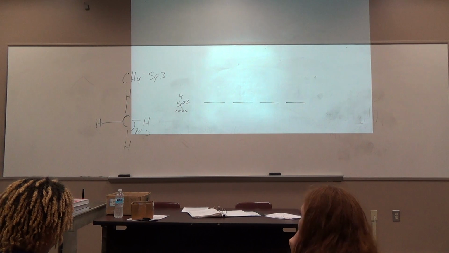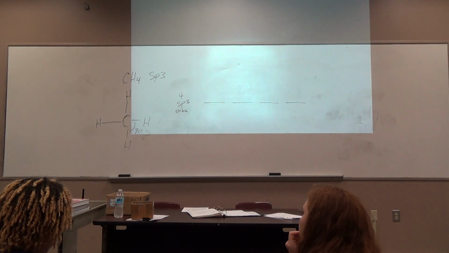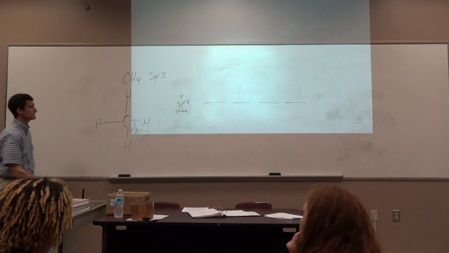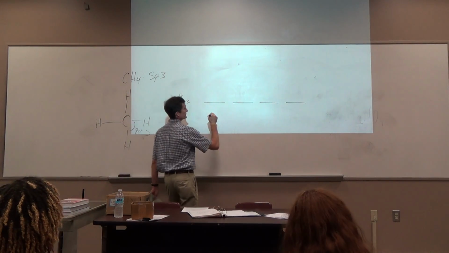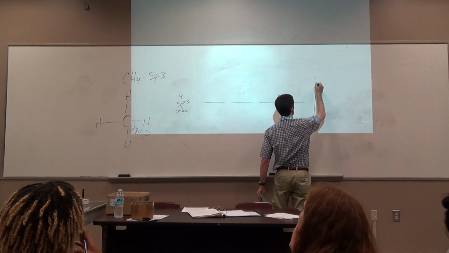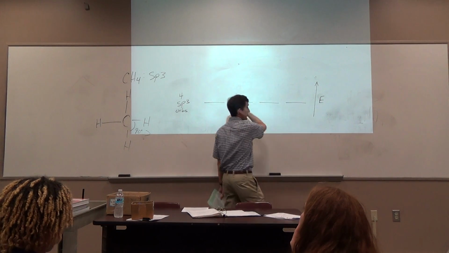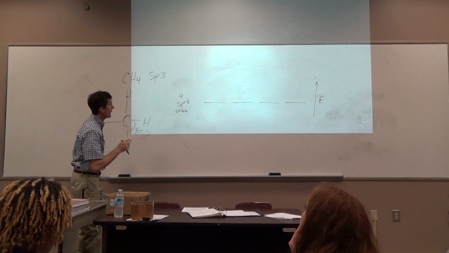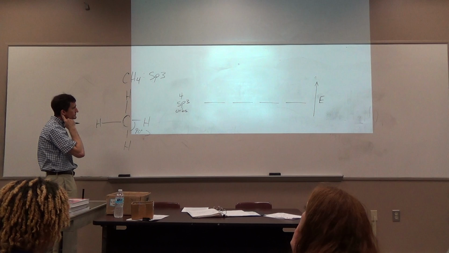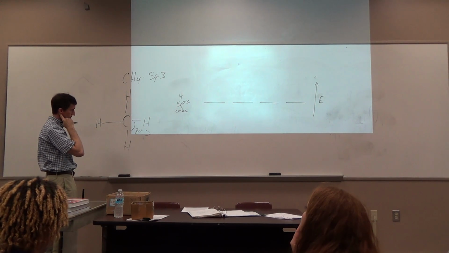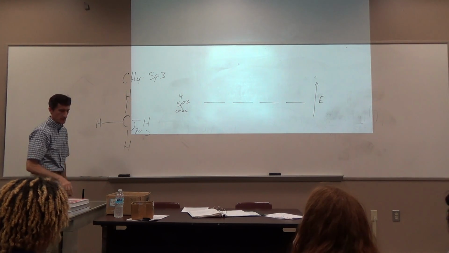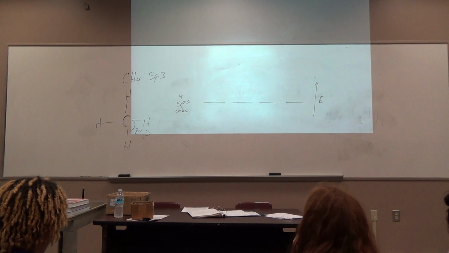Now this over here is energy, right? This is also going to be energy. Put it wherever we want. But over here they have identical energy. How did we get to this point? Basically, we mixed all these.